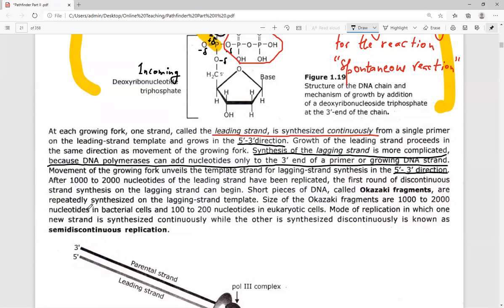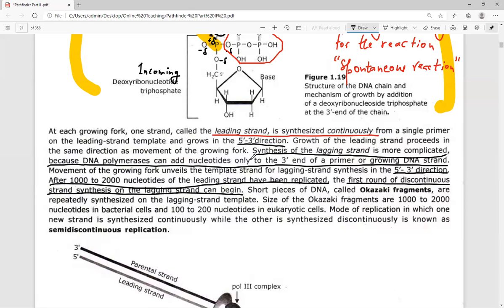After 1000 to 2000 nucleotides of the leading strand have been replicated, the first round of discontinuous strand synthesis on the lagging strand can begin.